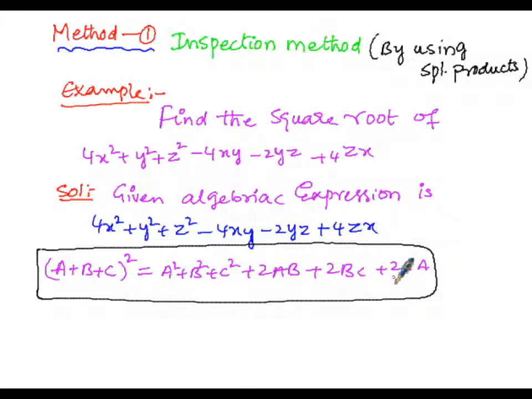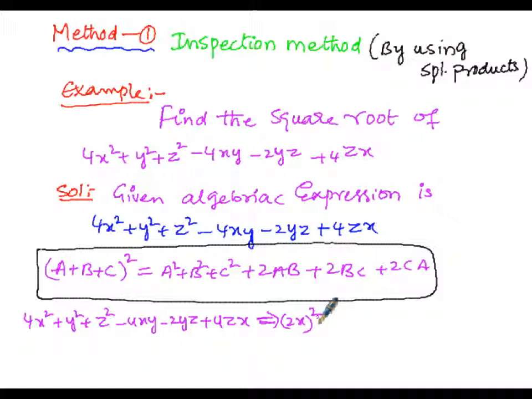So, here I want to write it as: 4x square plus y square plus z square minus 4xy minus 2yz plus 4zx can be written as, 4x square can be written as 2x whole square.